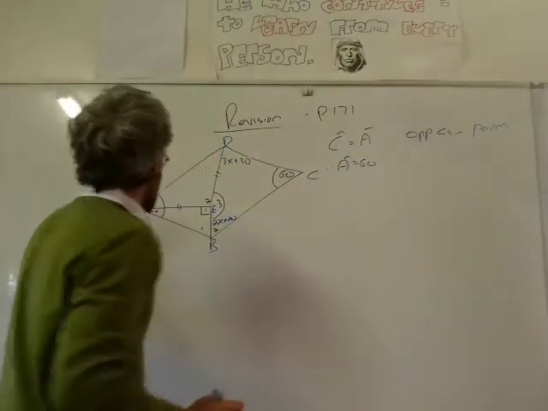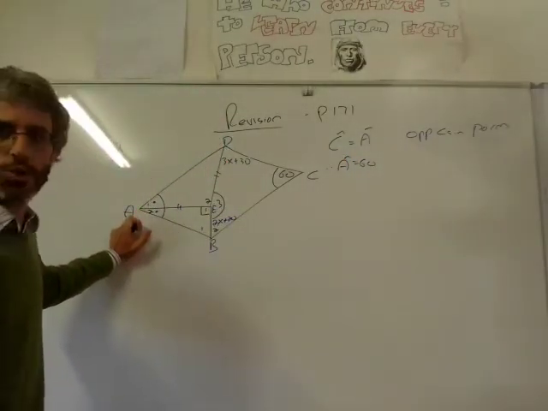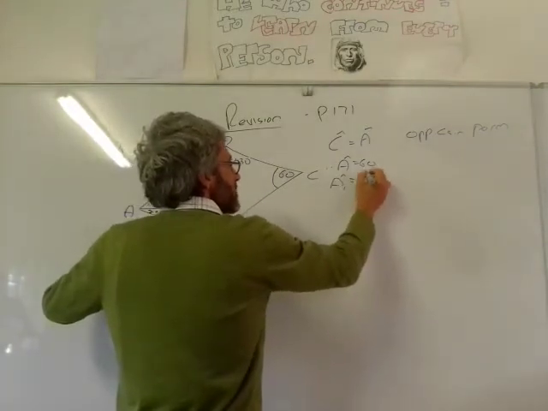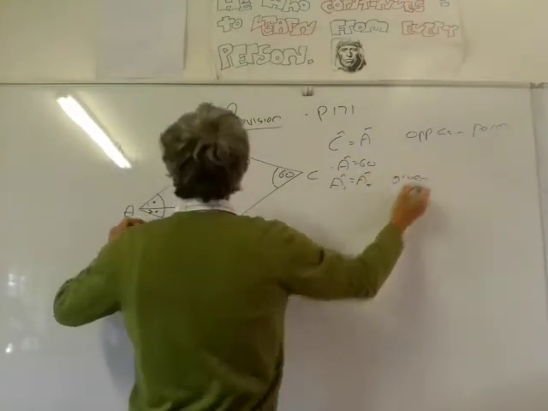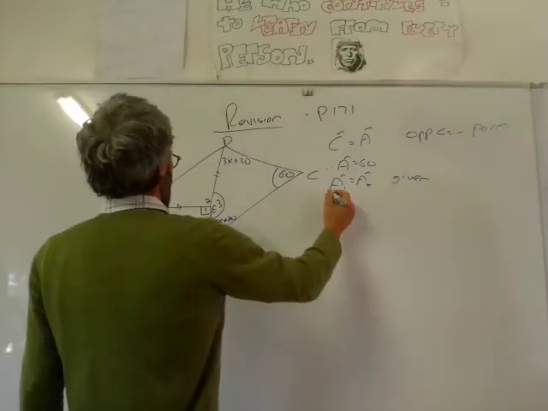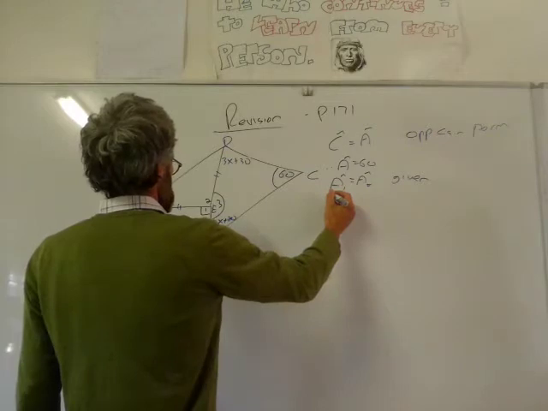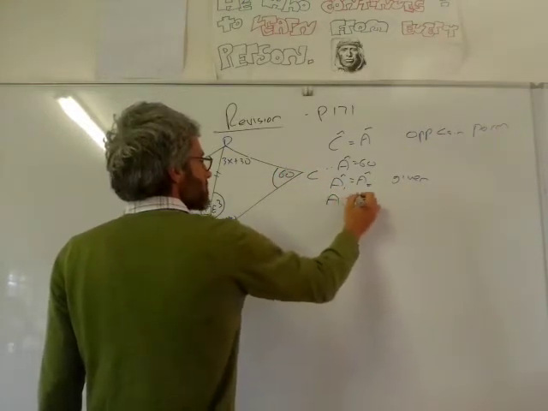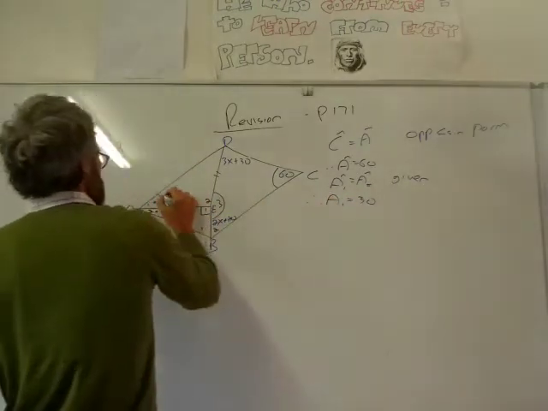But now we know that A1 is equal to A2, that was given, because we were told that this line bisects the angle. So A1 is 30. Okay, so this is 30.